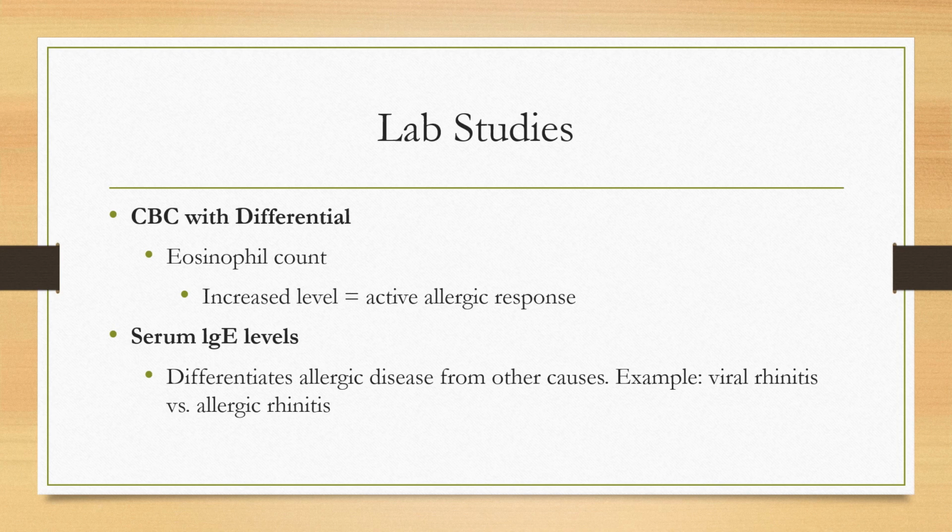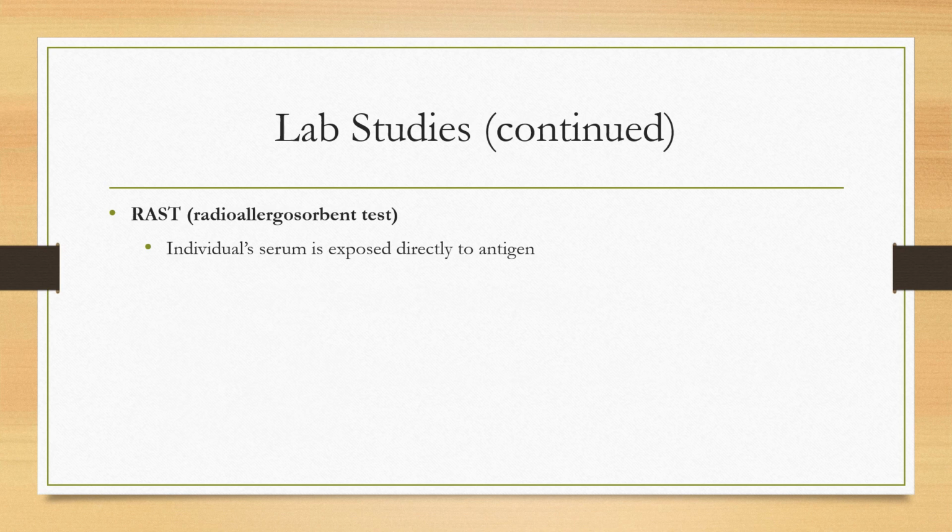Example, viral rhinitis versus allergic rhinitis. If it is allergic, then the IgE level will be increased. If it is viral rhinitis, it will not. And then we are going to look at the RAST, the radioallergosorbent test. And this is the individual serum is exposed directly to the antigen.